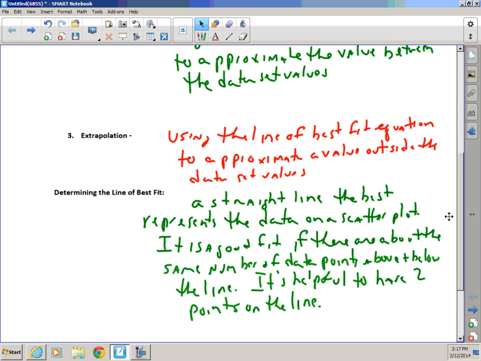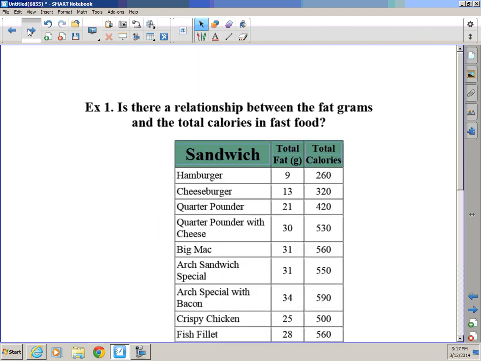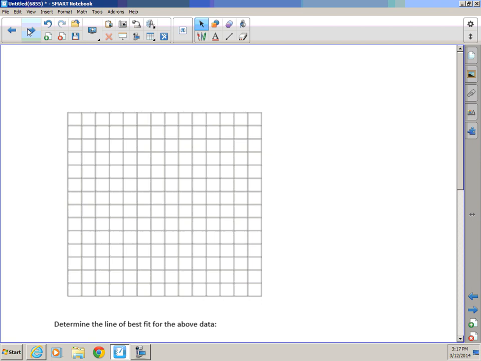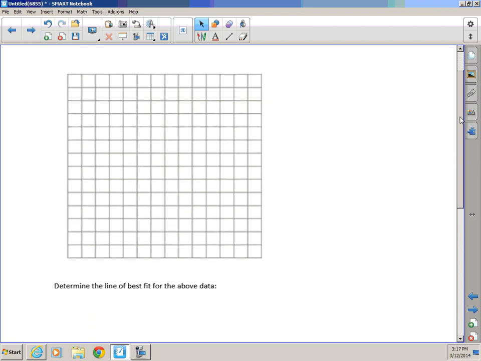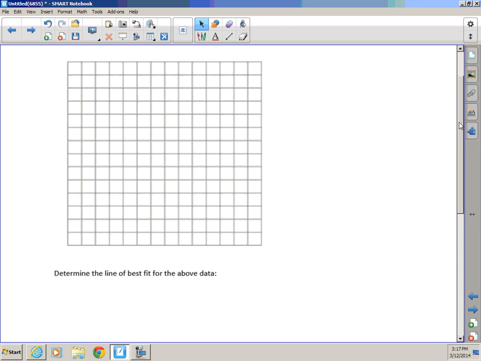Okay, so the example that we're going to do a scatter plot on is the relationship between the number of grams and the number of calories in fast food. All right, so I'm going to skip the table, which you can have in front of you, and we're going to go to graphing this. So grams of fat is the x-axis, calories is the y.